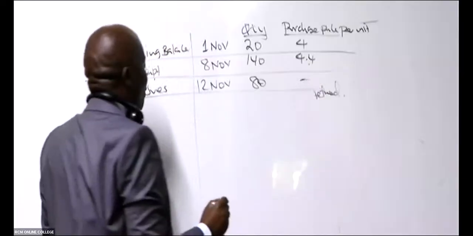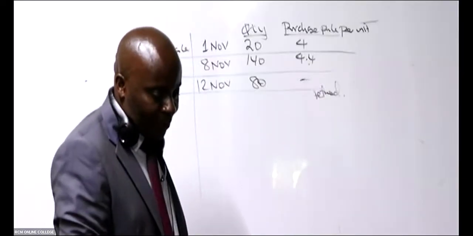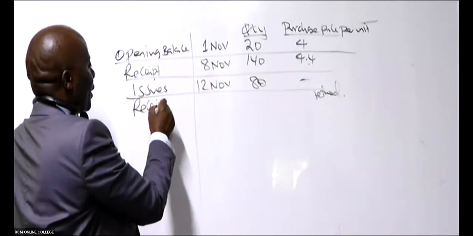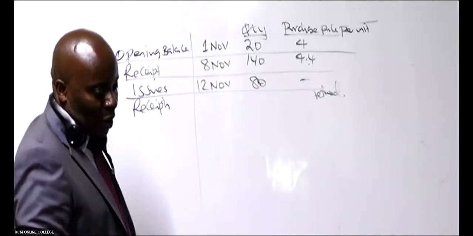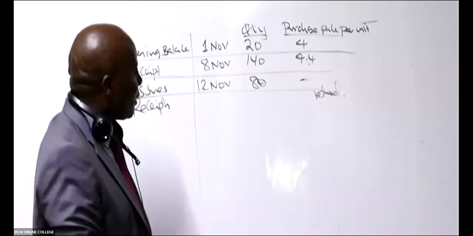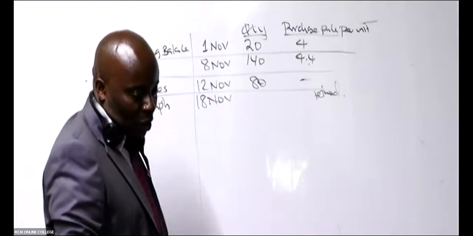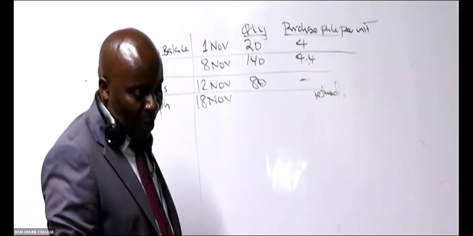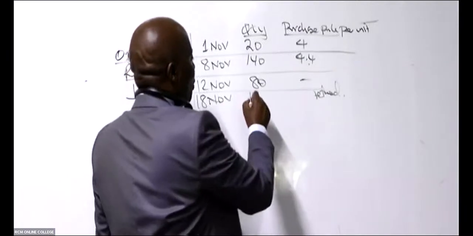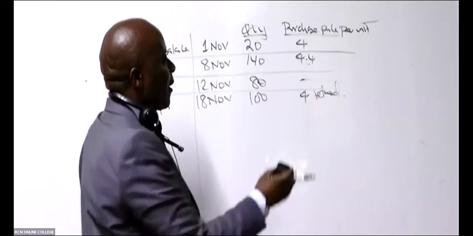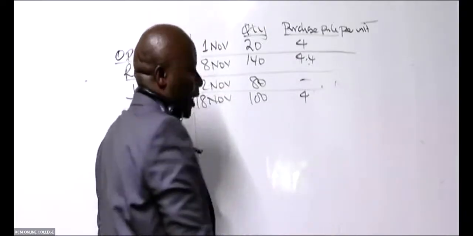The next one, ladies and gentlemen, what do we have over here? Receipts. I can see 18th November. How many units do we have here? 100. Because we received, we are procuring, and the figure is 4.6.